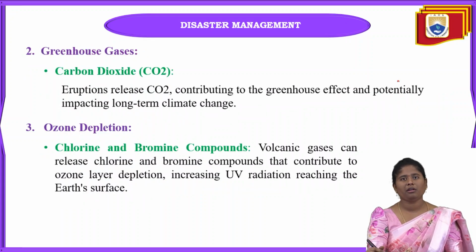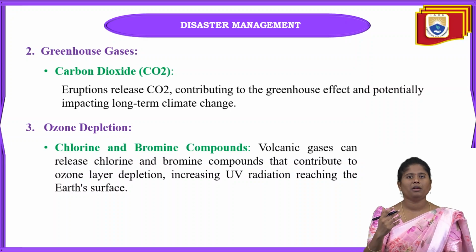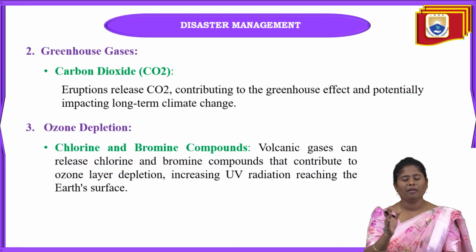Next one is greenhouse gases. Greenhouse gases means carbon dioxide. When the volcanic eruption is done, carbon dioxide is also released into the atmosphere. That will directly impact the greenhouse effect in the long term, and the greenhouse effect will impact the overall climatic conditions of our world.